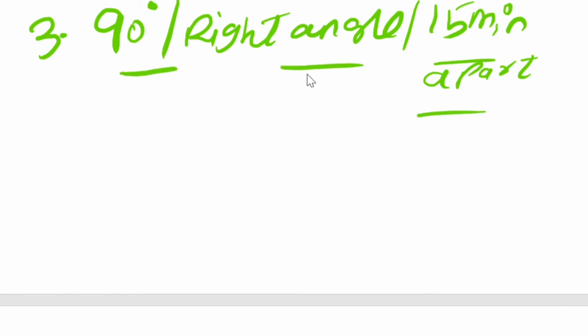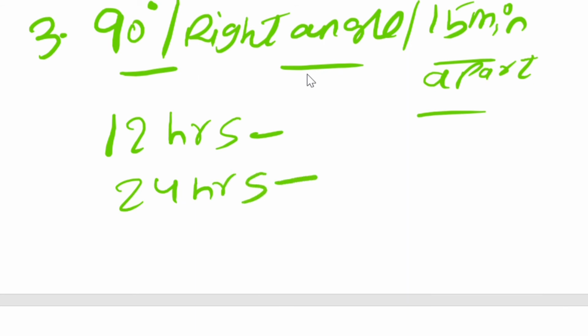This is the terminology they will be using: exactly 90 degrees, or right angle, or 15 minutes distance apart. 15 minutes in the sense that the minute hand and hour hand are separated by 15-minute distance. So in 12 hours how many times will they meet? In 24 hours how many times will they meet? This is the question actually.